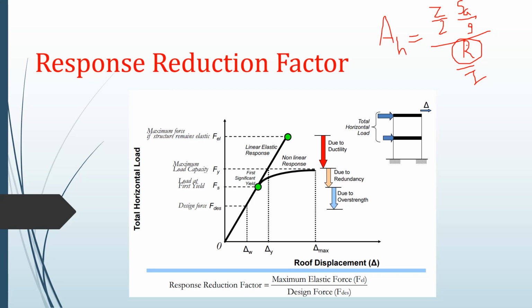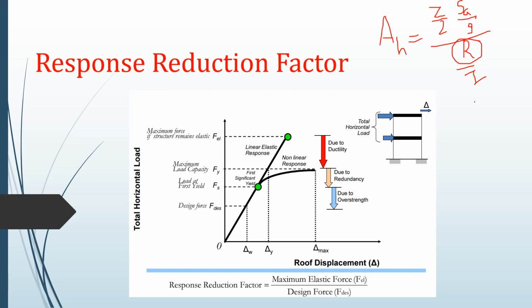To capture all these phenomena, we have to perform a dynamic analysis, that may be time history analysis. Generally, time history analysis is performed for the structure when we want to capture all those phenomena.